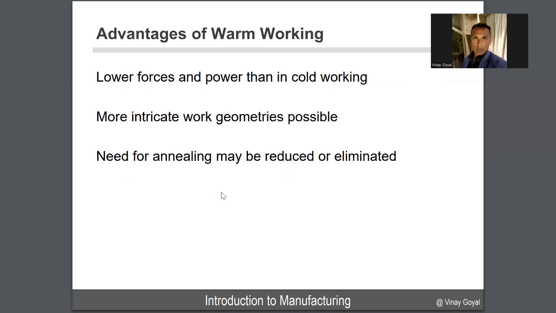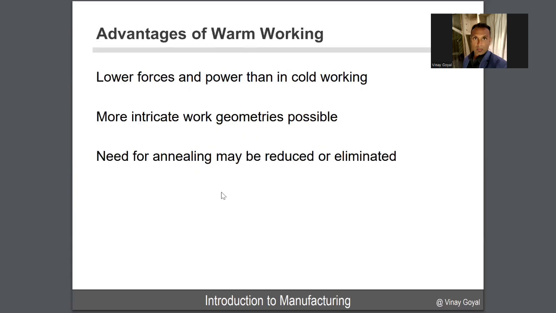So the advantages here are lower forces and power to produce the operation compared to cold working, but hot working is still better in that case. More intricate work geometries are possible. You may need to anneal, but in many cases, the need for annealing is reduced or eliminated.